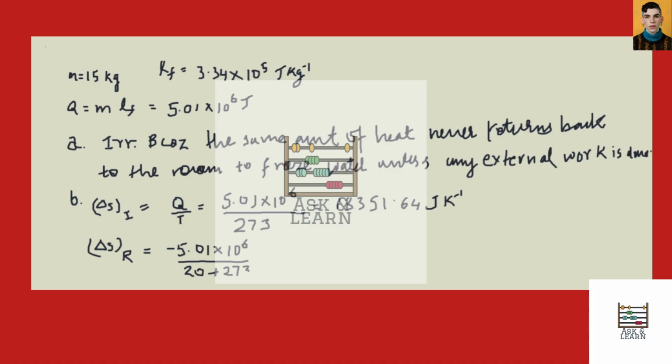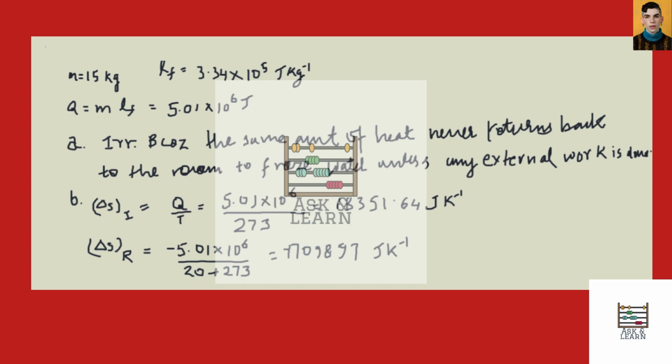Otherwise you will be ending up with a simple mistake, and you get minus 17098.97 joule per Kelvin.